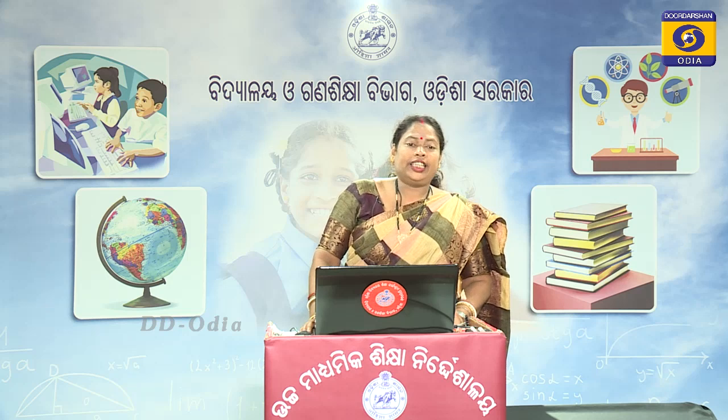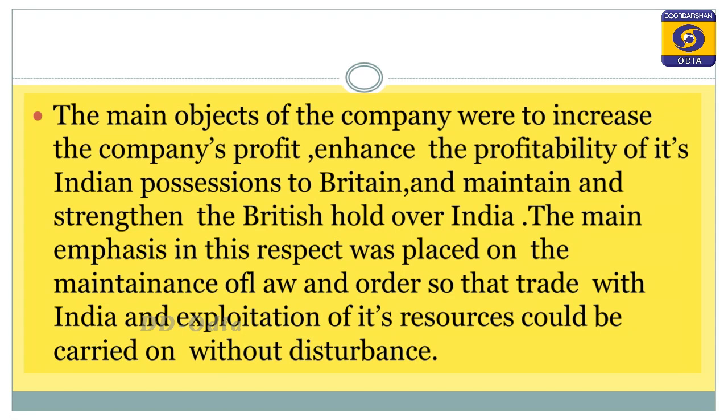The main objects of the company were to increase the company's profit, enhance the profitability of its Indian possessions to Britain, and maintain and strengthen the British hold over India. The main emphasis was placed on the maintenance of law and order, so that trade with India and exploitation of its resources could be carried on without disturbance.